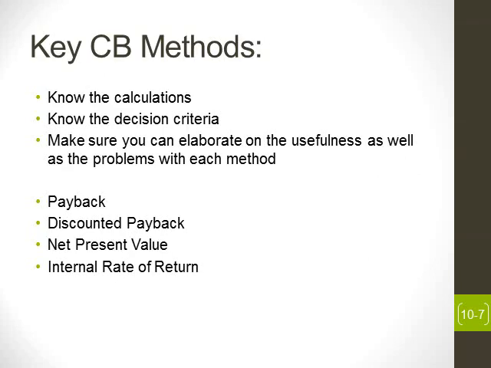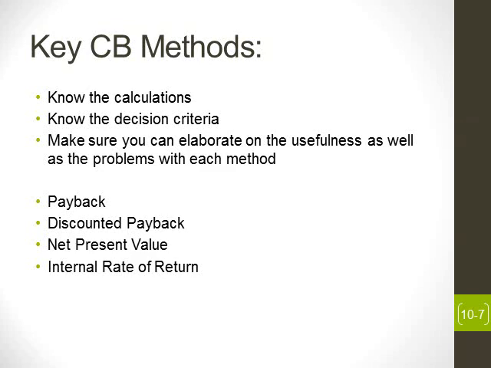Okay, now we are diving deep into what we are supposed to be doing in that particular topic, and that is we need to take a look at different capital budgeting methods. What's important? Well, first of all, we really need to know how to do the calculations properly, know the decision criteria, so when we undertake a particular project or do not undertake it, we can talk about the usefulness of each and every method.